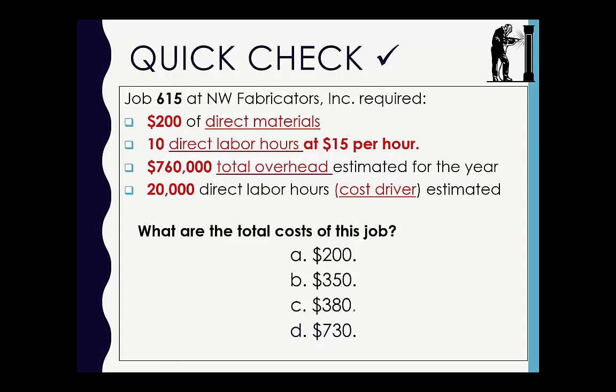Okay, so what are the total costs of this job? Well, we for sure know that we've got $200 in direct materials. Looks like we've probably got $150 in direct labor, right? 10 times the 15. So what the heck is the manufacturing overhead rate? If you think back to your previous slide, you might even be able to get this one.